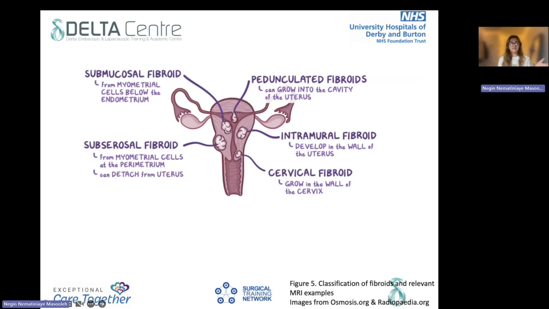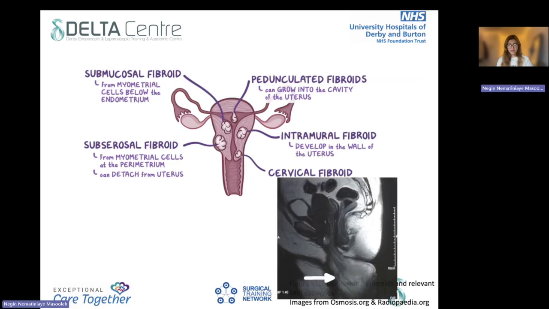As opposed to the ones closer to the outside, closer to the perimetrium, which are known as subserosal fibroids, and the ones closer to the cavity, closer to the endometrium, which are submucosal fibroids. All of these fibroids can have a stalk and protrude into the cavity or outside it, and then they are known as pedunculated fibroids.